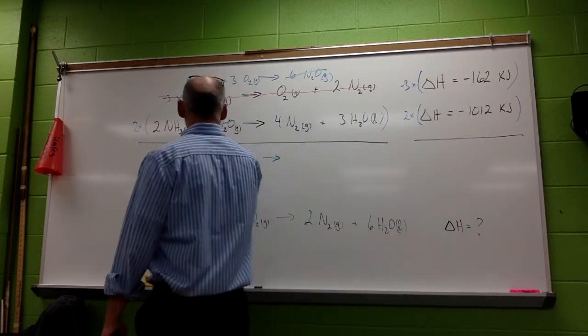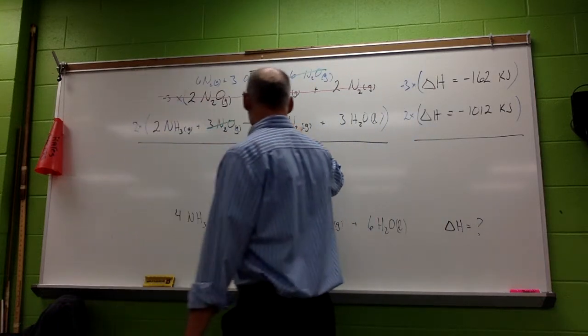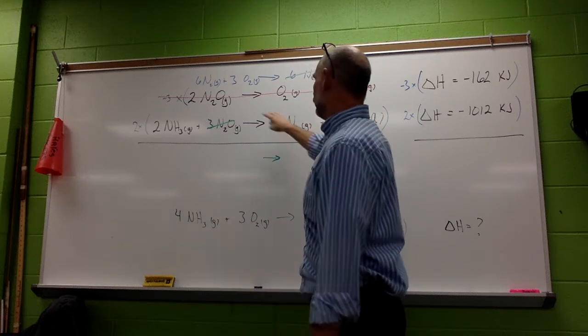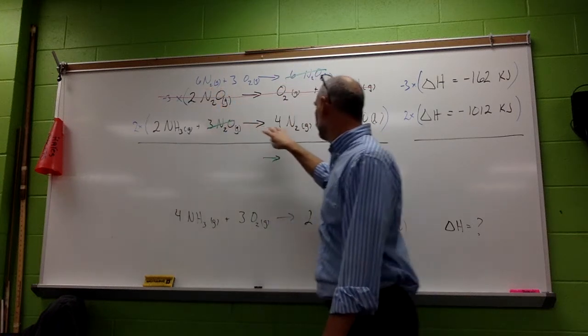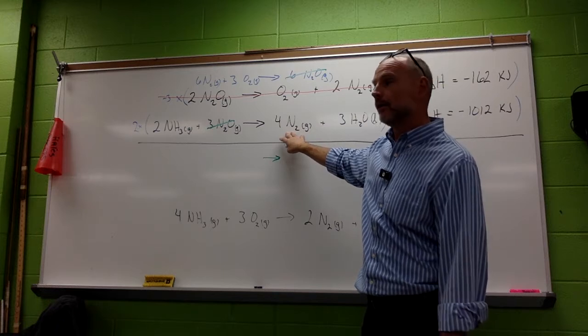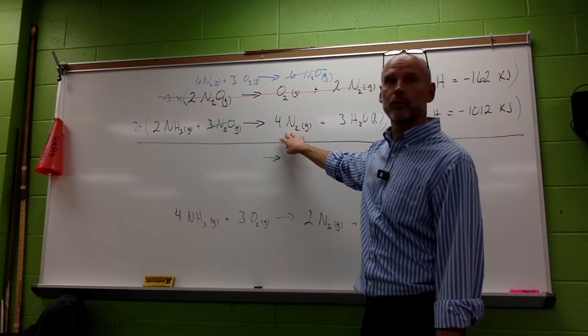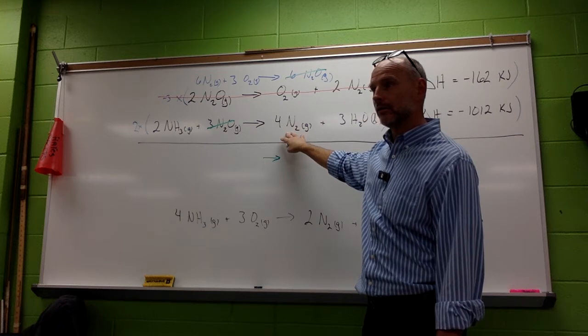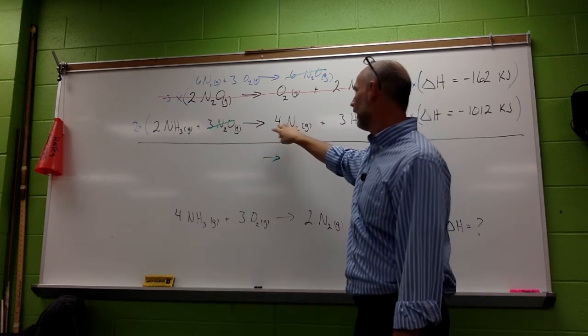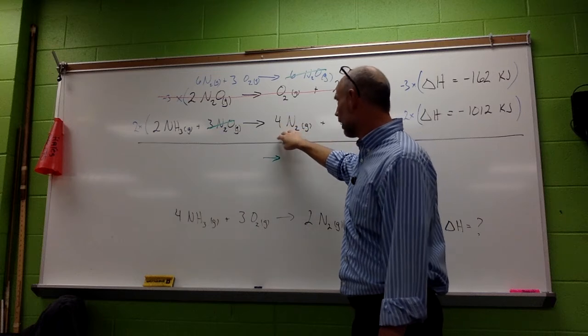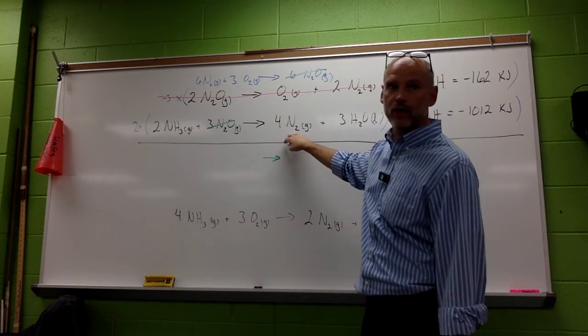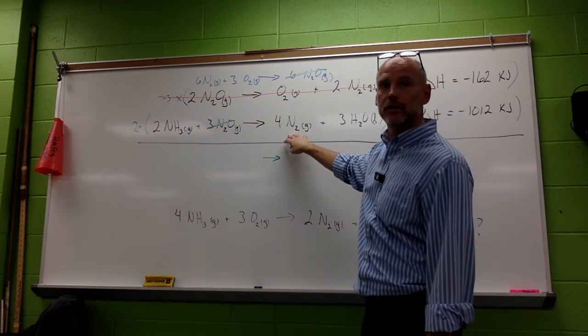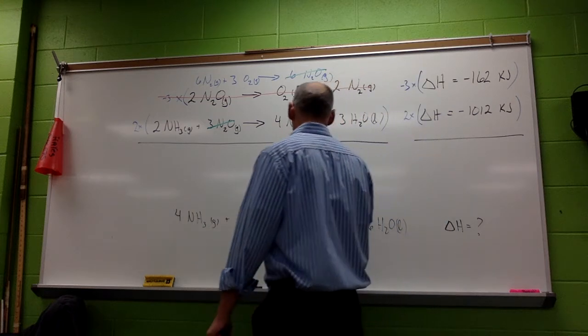I see 6 N2s on the reactant side, 4 N2s on the product side, which results in a net of, I lied, 8 on the product side, 6 on the reactant side, which results in a net of 2 on the product side.